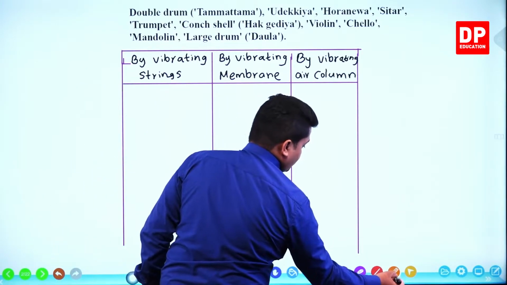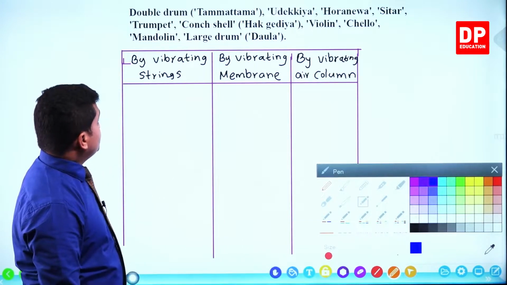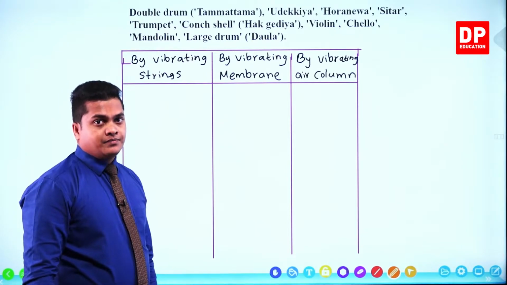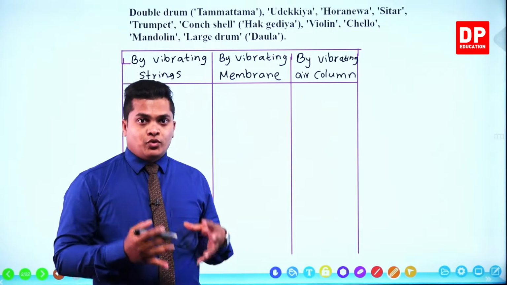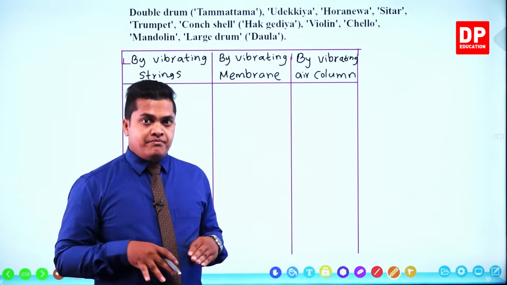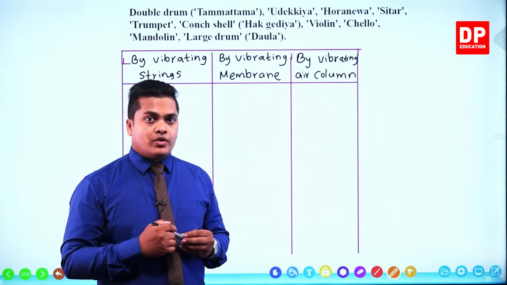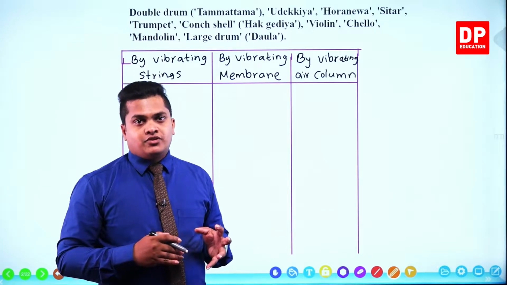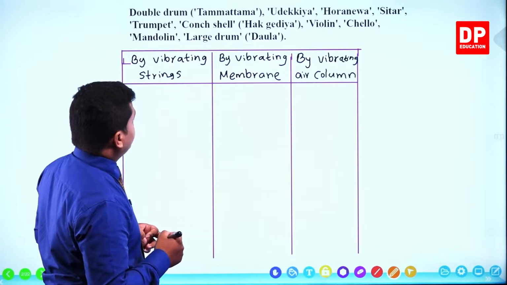I'll use a different color. So the first one is the double drum or the thumb metronome. When it is going to be a drum, we know that it has a membrane to produce sound. So by vibration of a membrane, the sound is produced in thumb metronome or else in double drum.